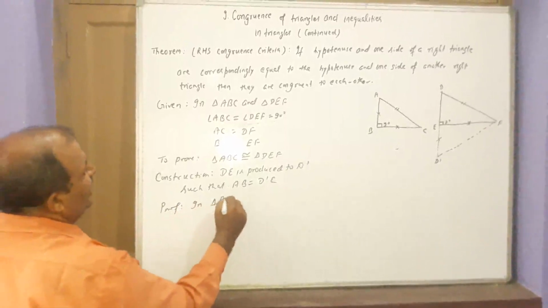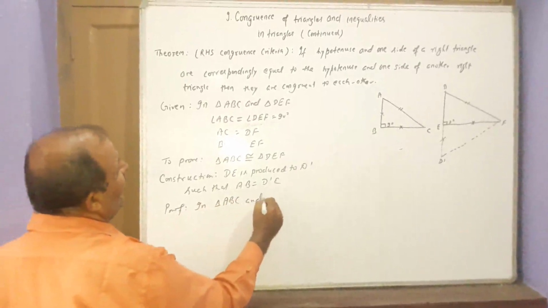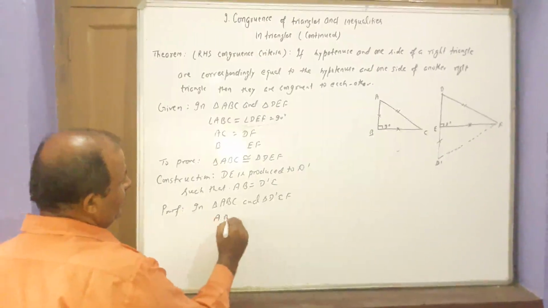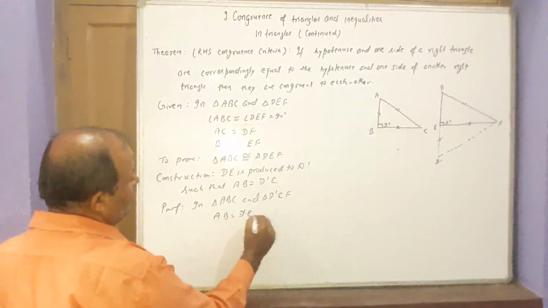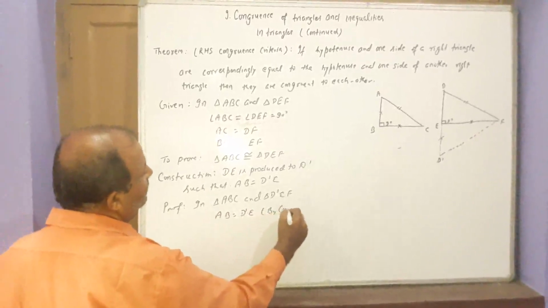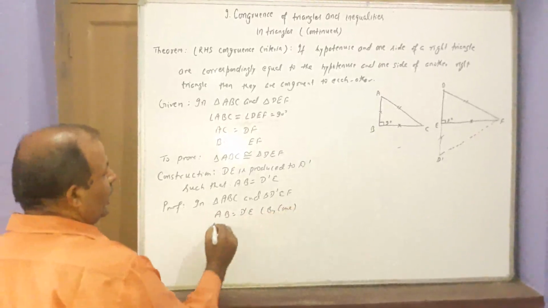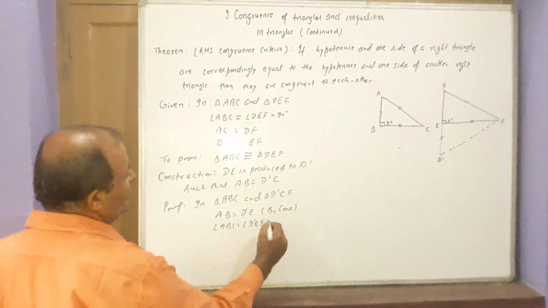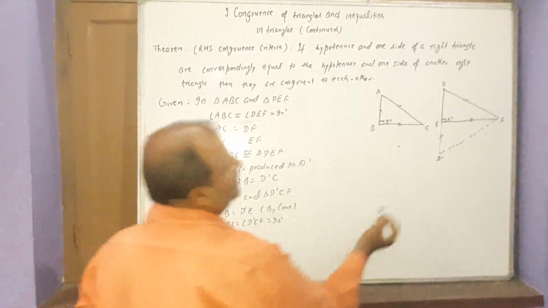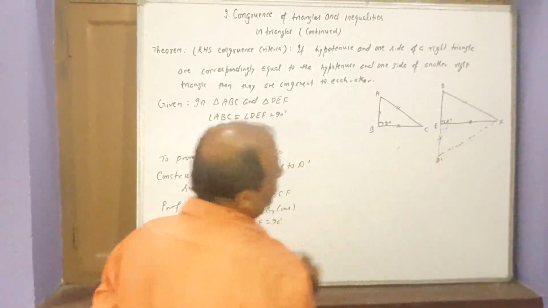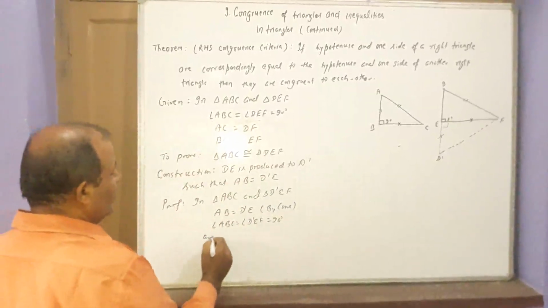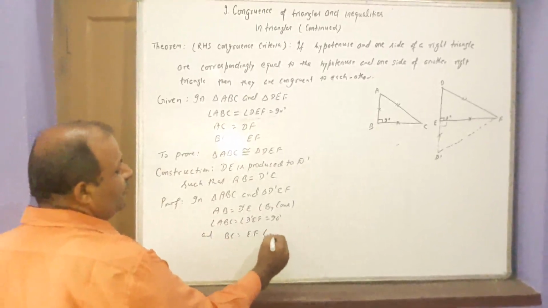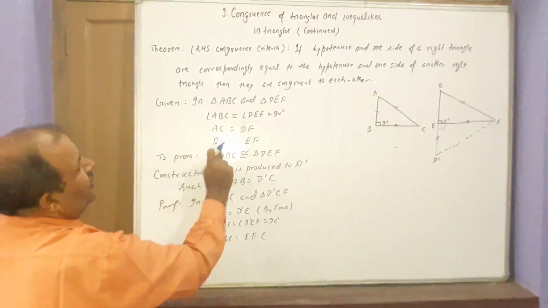In triangle ABC and triangle D dash EF, AB is equal to D dash E by construction. Angle ABC is equal to angle D dash EF is equal to 90. This one will also be 90 degrees. And BC is equal to EF. This is given in your statement.